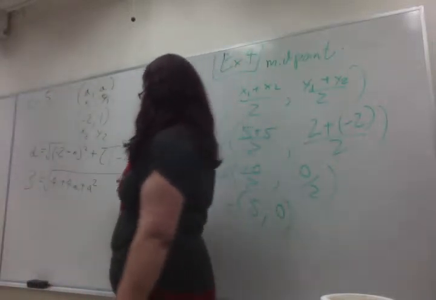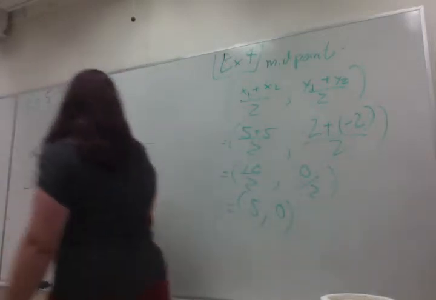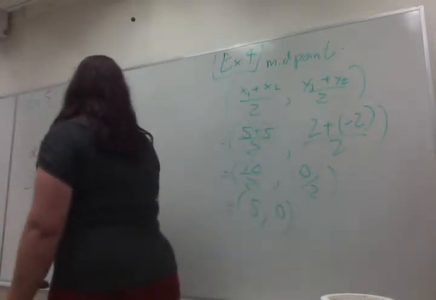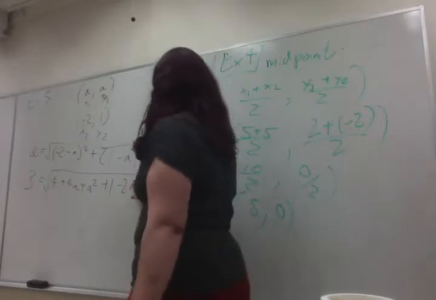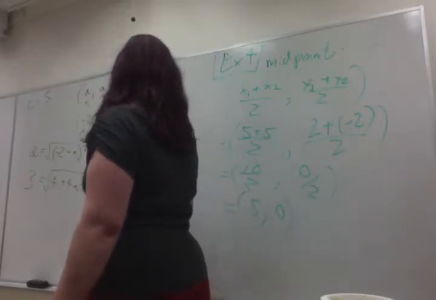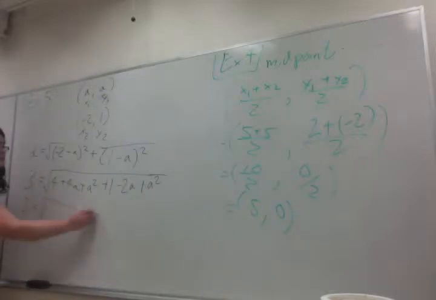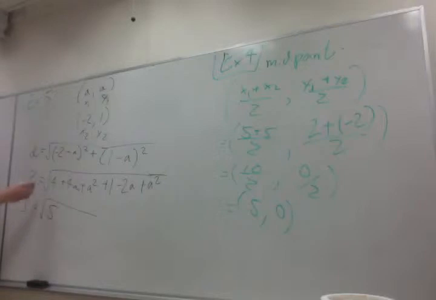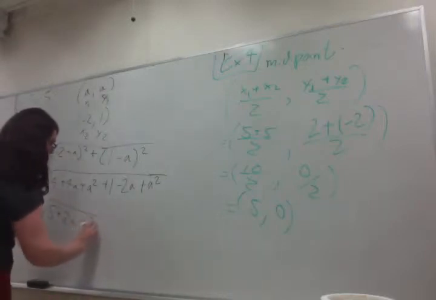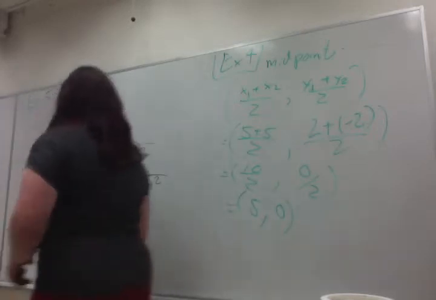Here if I expand this, 1 squared is 1, 2 times 1 times -a is minus 2a, and a squared is a squared. So I get 3 equals the square root of 4 plus 1 is 5, 4a minus 2a is 2a, a squared plus a squared is 2a squared.